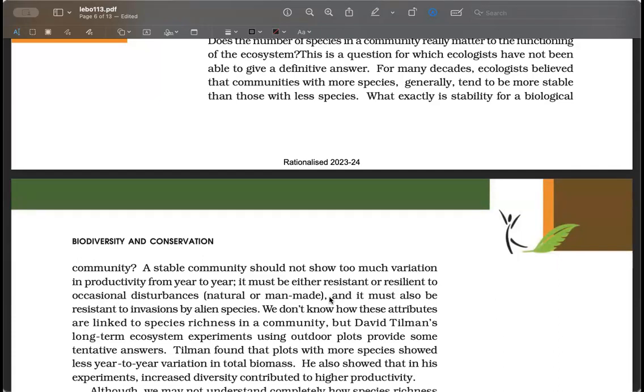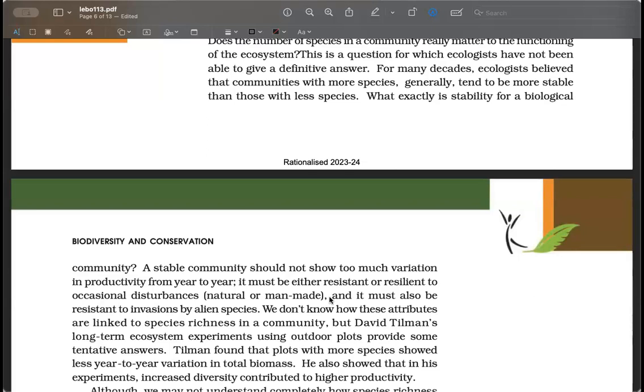Yes. Okay. So what we need is stability. For any biological community to exist as an ecosystem and survive, there has to be more stability.